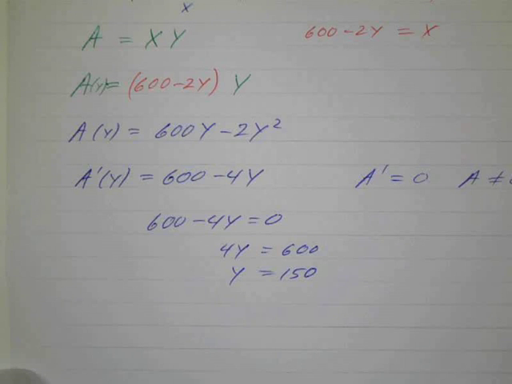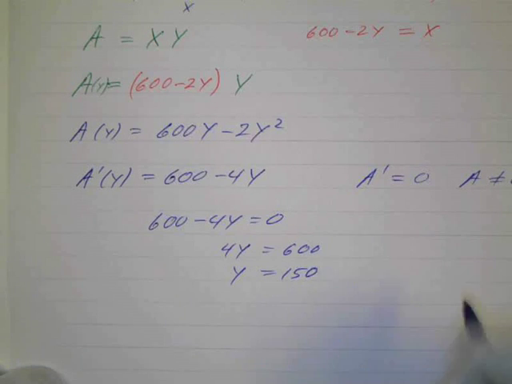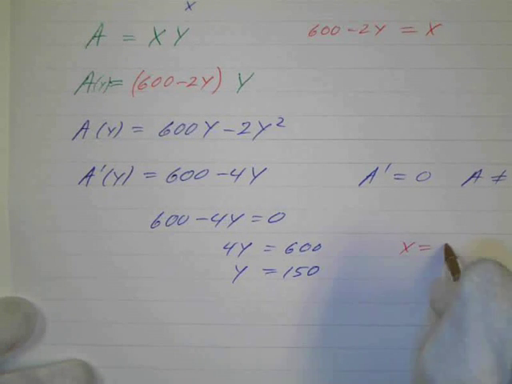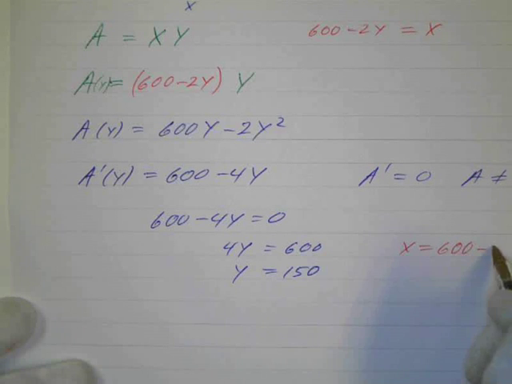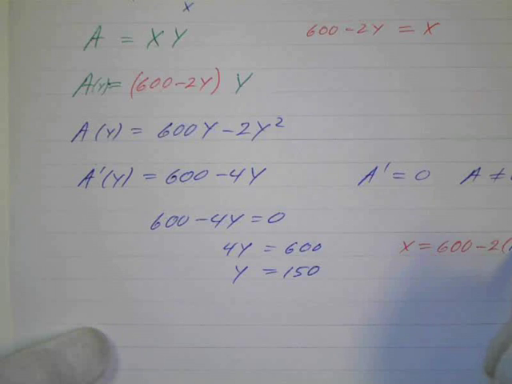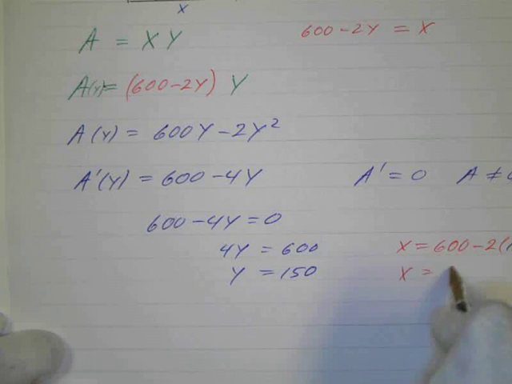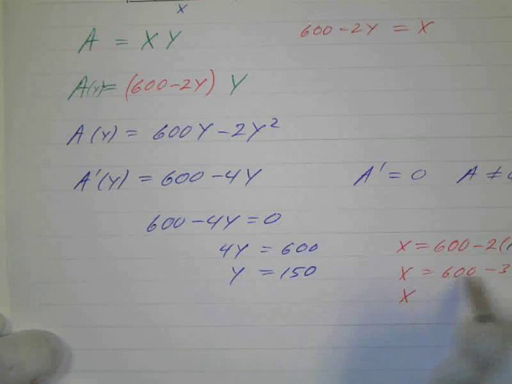Now if I want to find out what x is, from my constraint equation, x equals 600 minus 2 times y, and y is 150. So x equals 600 minus 300, so x equals 300.